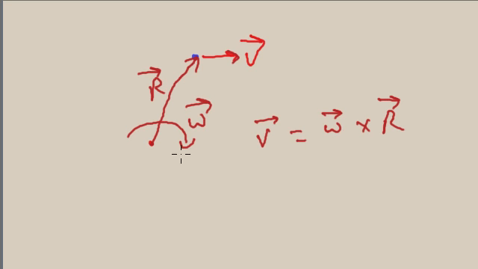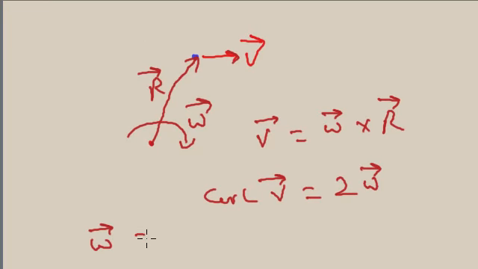If you find out the curl of v, you will get twice of omega. So omega, the rotational speed, is equal to half of curl of v.